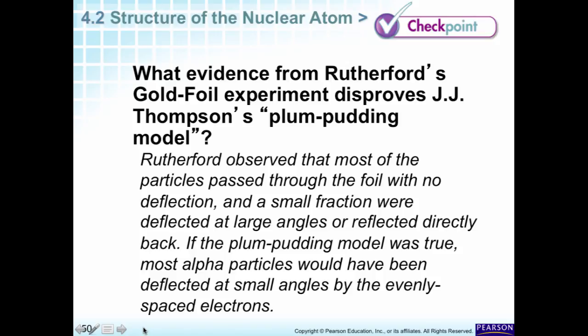And a small fraction were deflected at large angles, signifying they hit something very massive, and it was located in a small amount of volume of the atom itself. If the plum pudding model was true, then they should have been deflected at small angles, evenly spaced, from either interacting with electrons or positively charged species in the chocolate chip cookie.